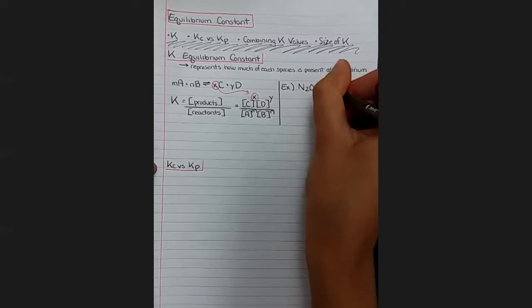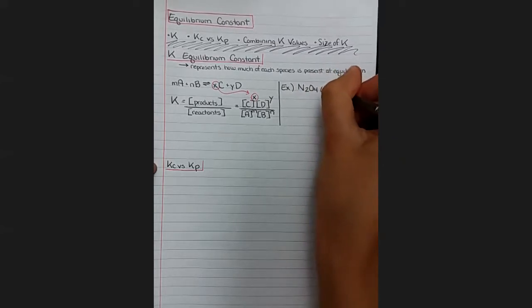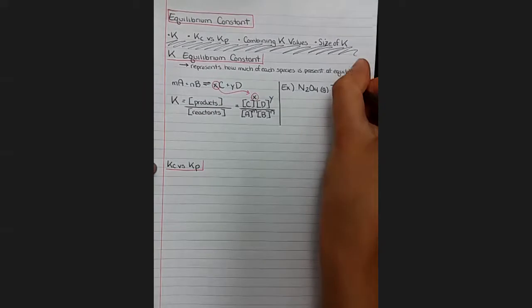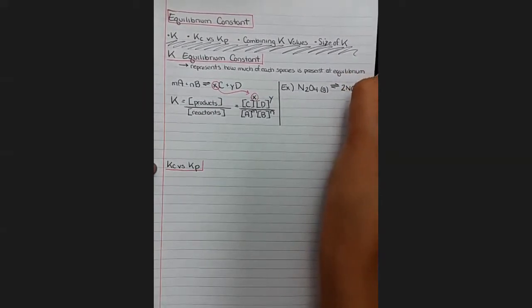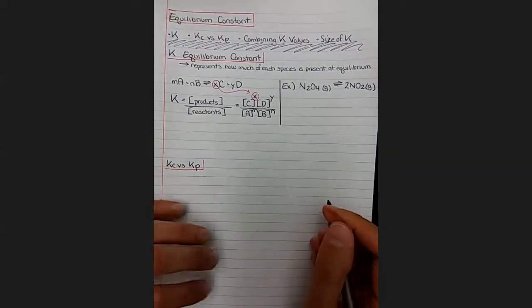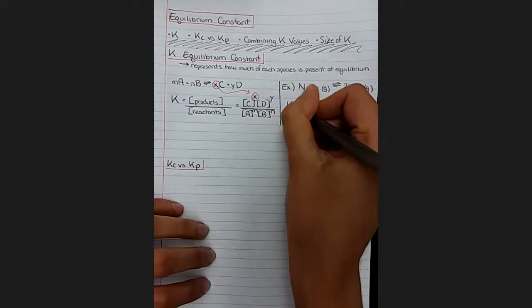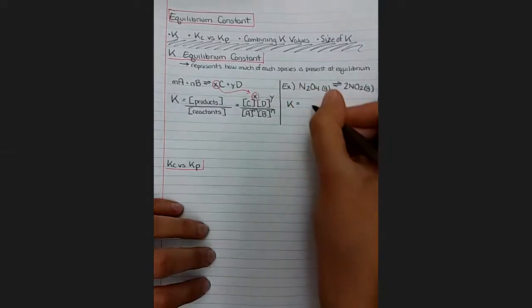So here's a real chemical equation between the dimer, N2O4, in equilibrium with its monomer, NO2. Both of them gases. So if we wanted to write the equilibrium expression for this, we would write products over reactants.